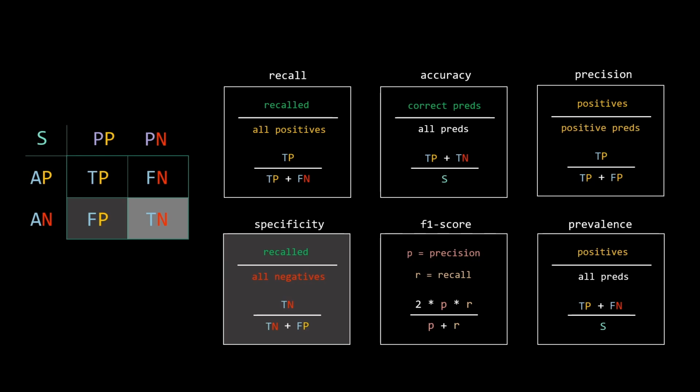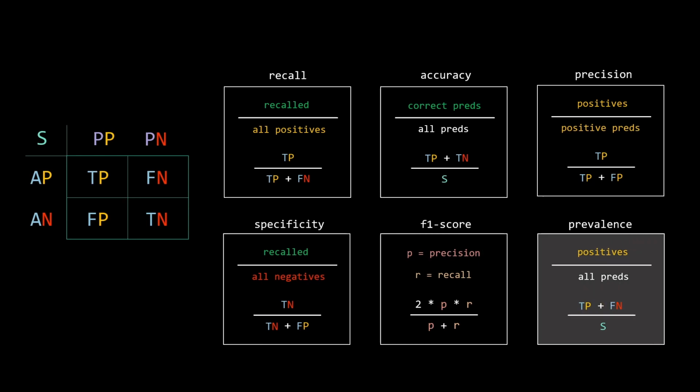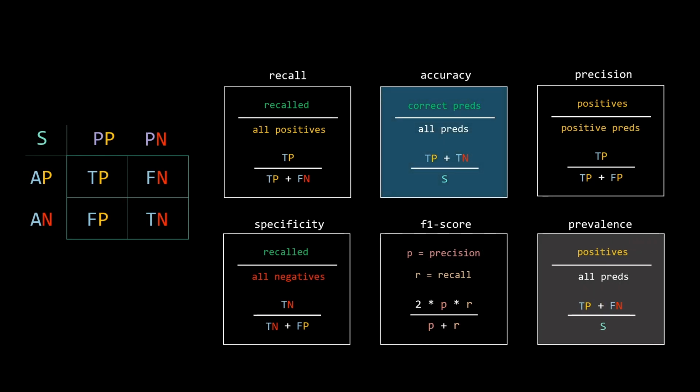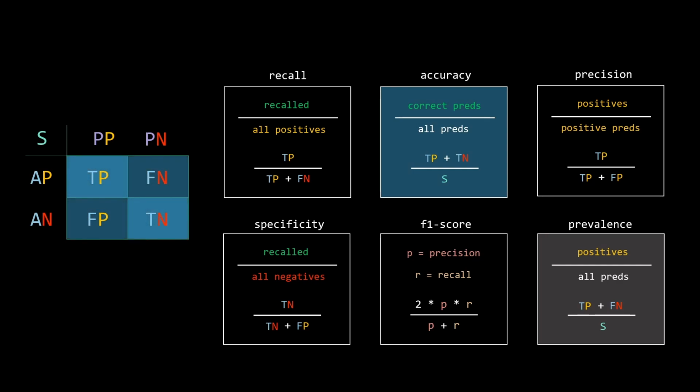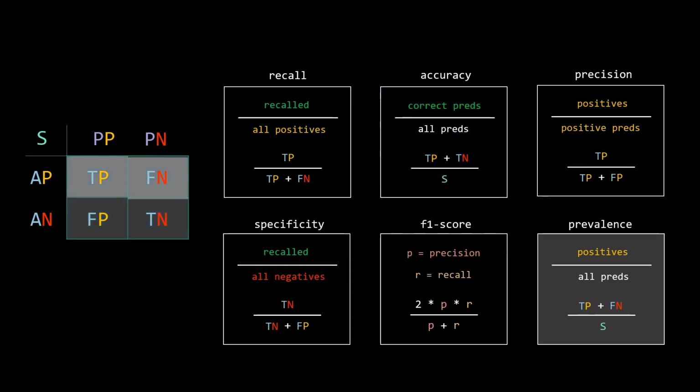And moving on to prevalence. Prevalence is like accuracy, but where accuracy focuses on all the correct over all the predictions, prevalence focuses on just all the positives over all the predictions. Prevalence is more useful when you're trying to see how balanced our data set is. Typically you want prevalence around 50%, because if it's too high, that means you have too many positives, so it's not really a balanced set.